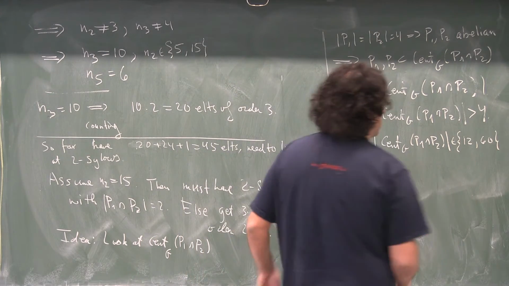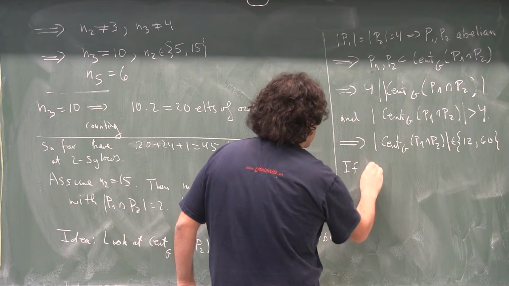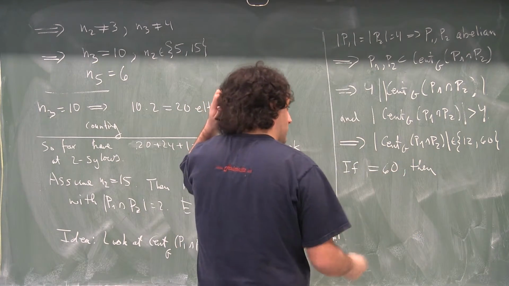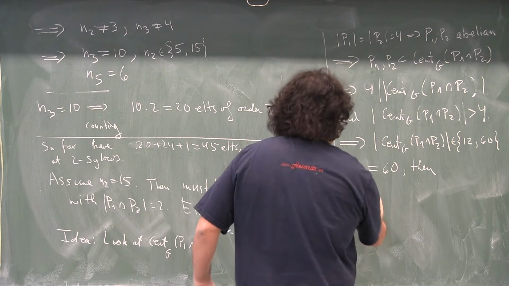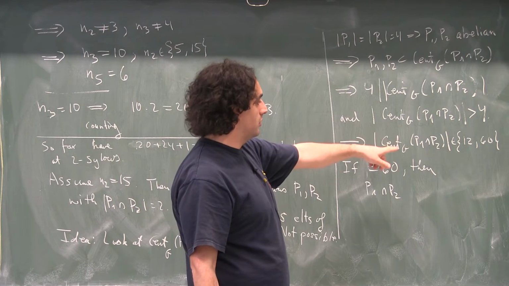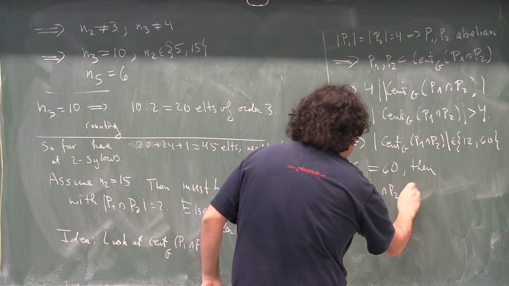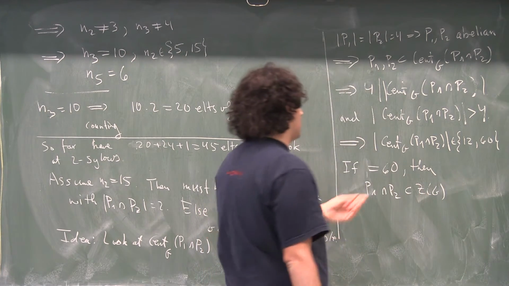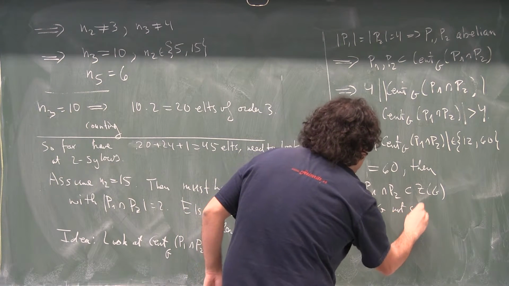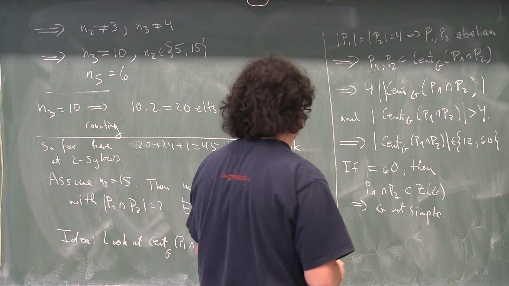Okay, now if it's 60, then that's saying that this P1 intersect P2 is in the center of G, because its centralizer is everything, which implies that G is not simple, because any subgroup of the center is normal.